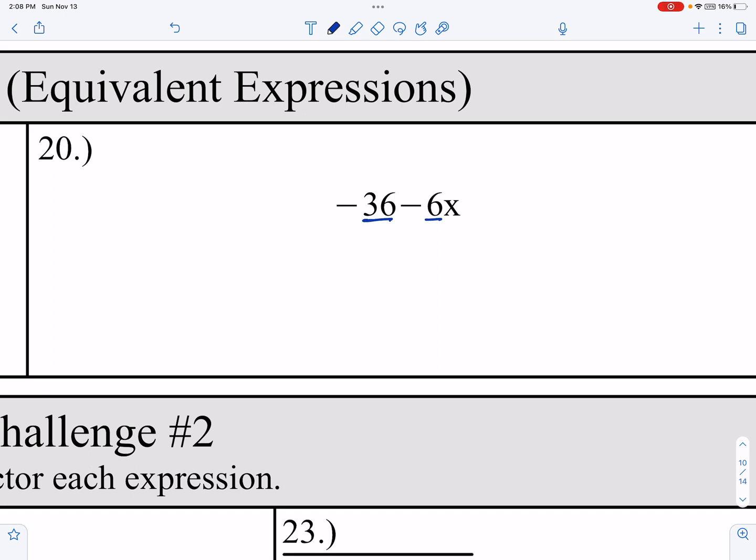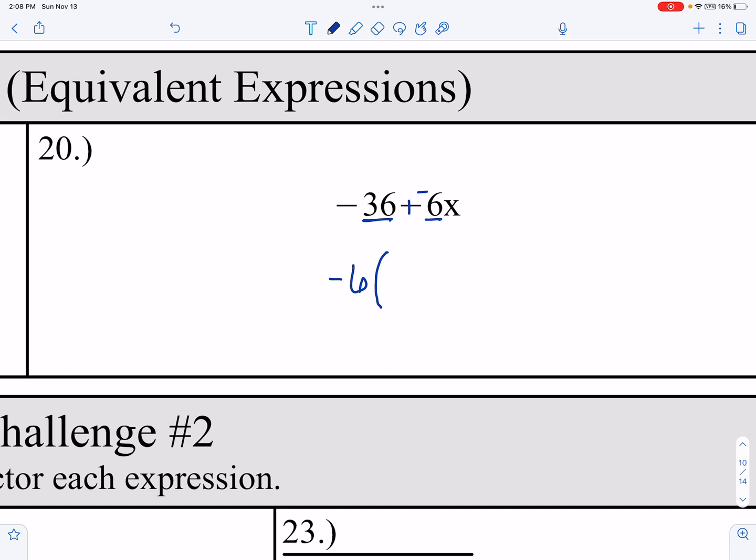out of there. 6 does work as a greatest common factor. So I'm going to go ahead and write my 6. Now, because both are negative, I can actually pull out the negative and just have positives inside. Okay, so I can KFC like that. Okay, we can look at it both ways a little bit here.